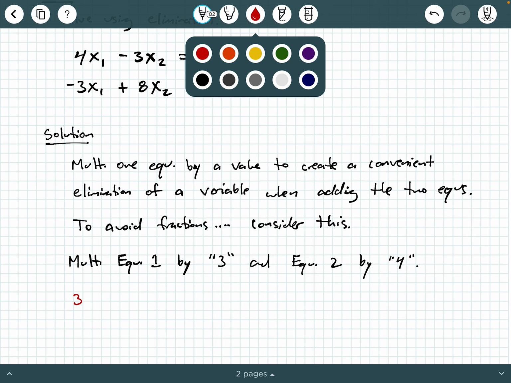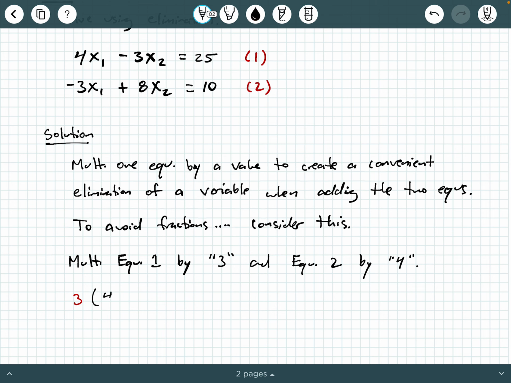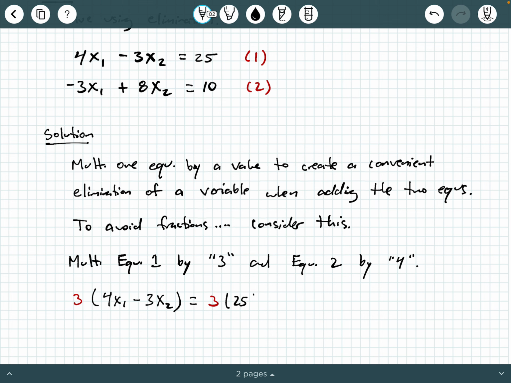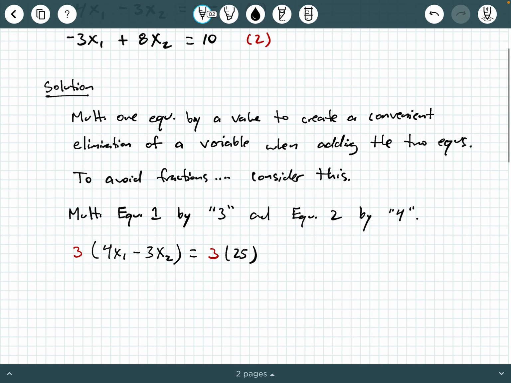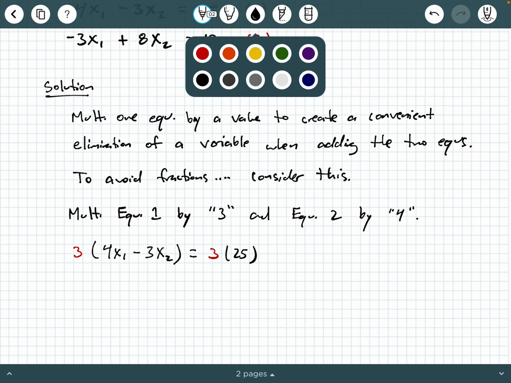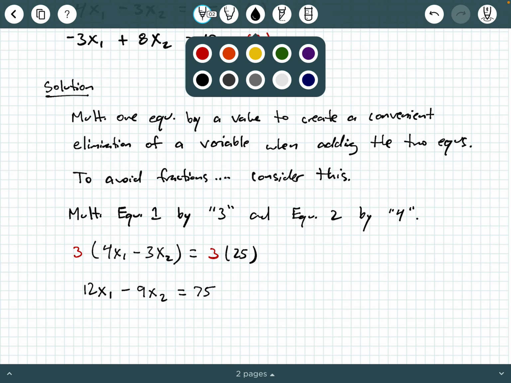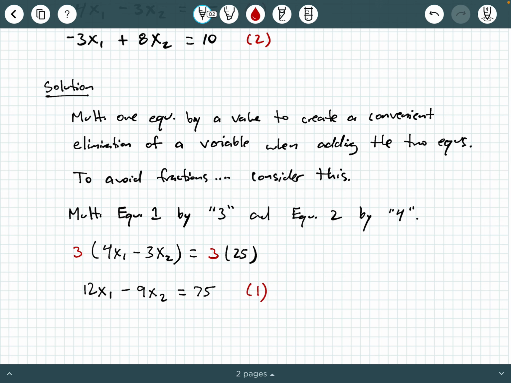Multiply equation 1 by 3. 4x1 minus 3x2 equals 3 times 25. And we distribute things out. And what do we end up getting? We'll get 12x1 minus 9x2 equals 75. And so this is our new version of equation 1.